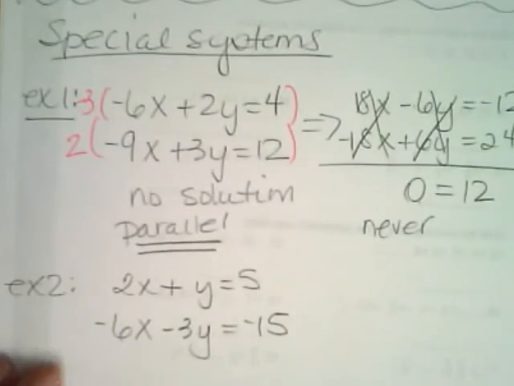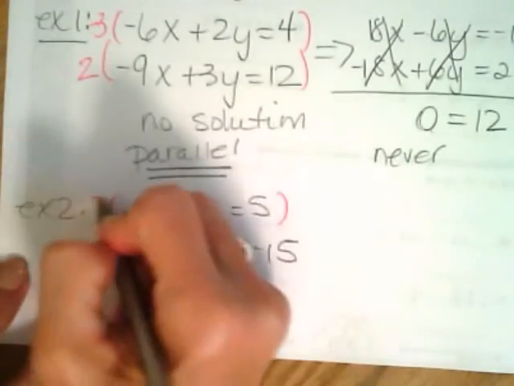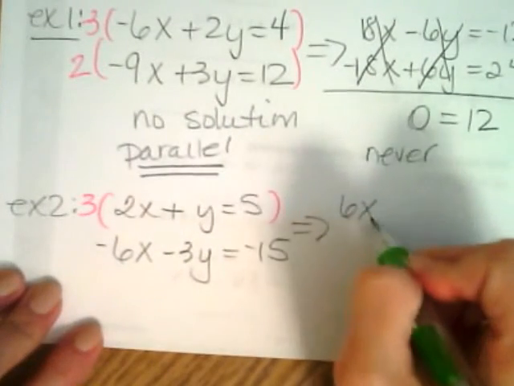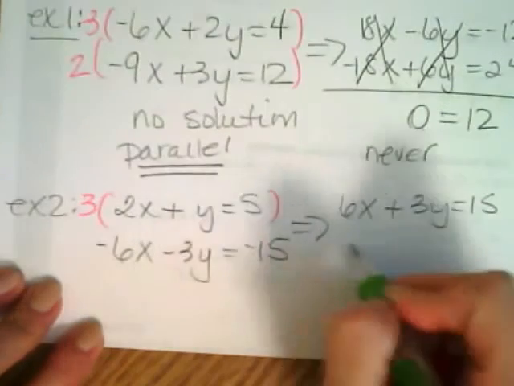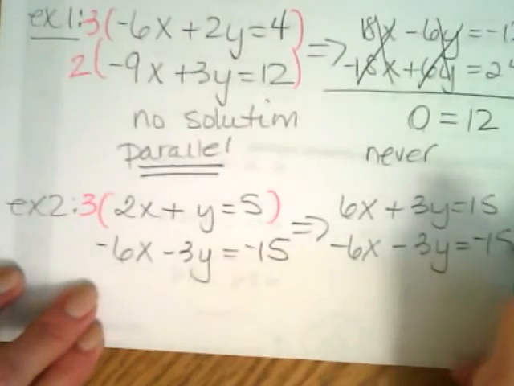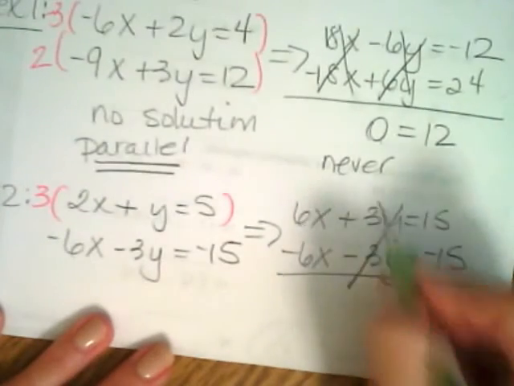Okay. So here I want to get rid of y, because I see this is a 1, this is a negative 3. So I'm going to multiply the top by 3. So I distribute, and I get 6x plus 3y is equal to 15. Bring this over: negative 6x minus 3y is equal to negative 15. So I got rid of y.